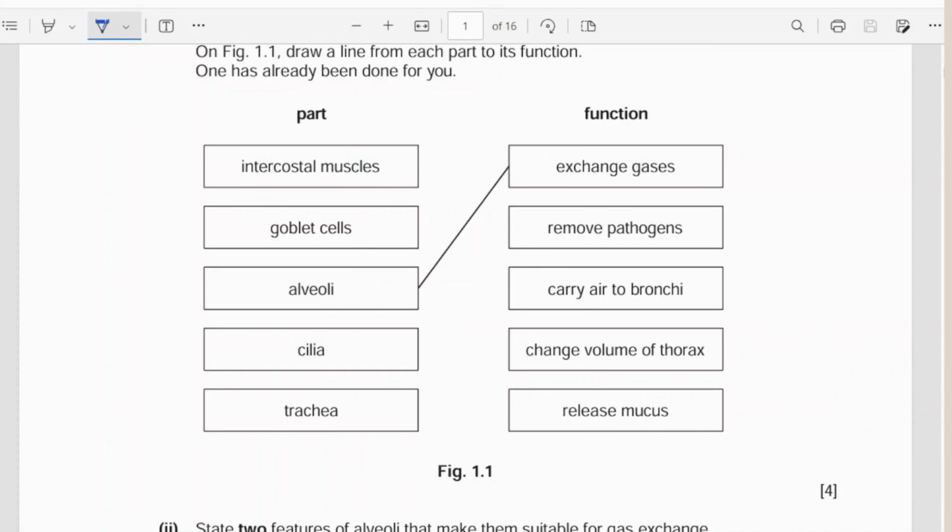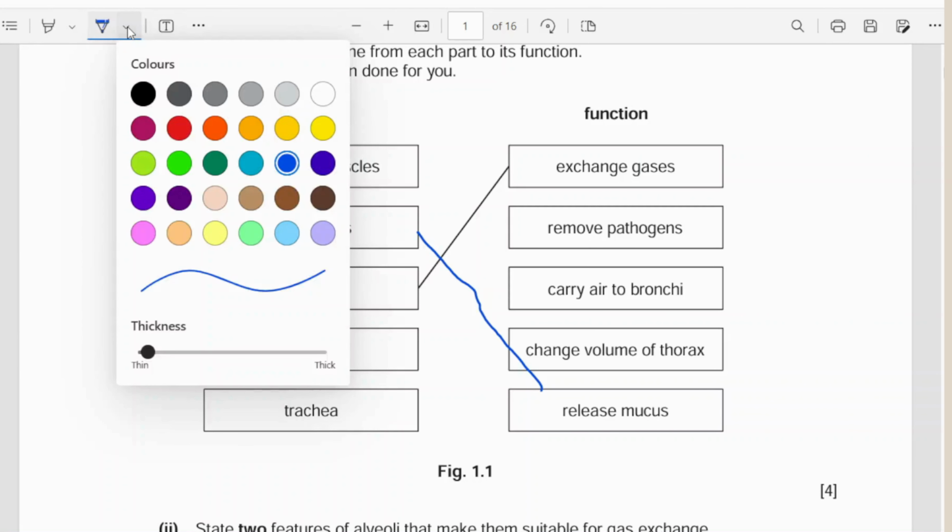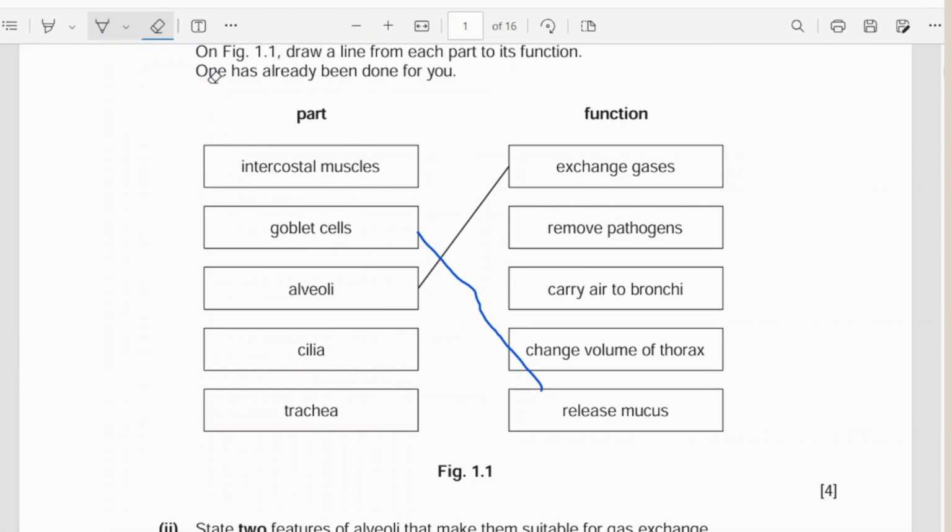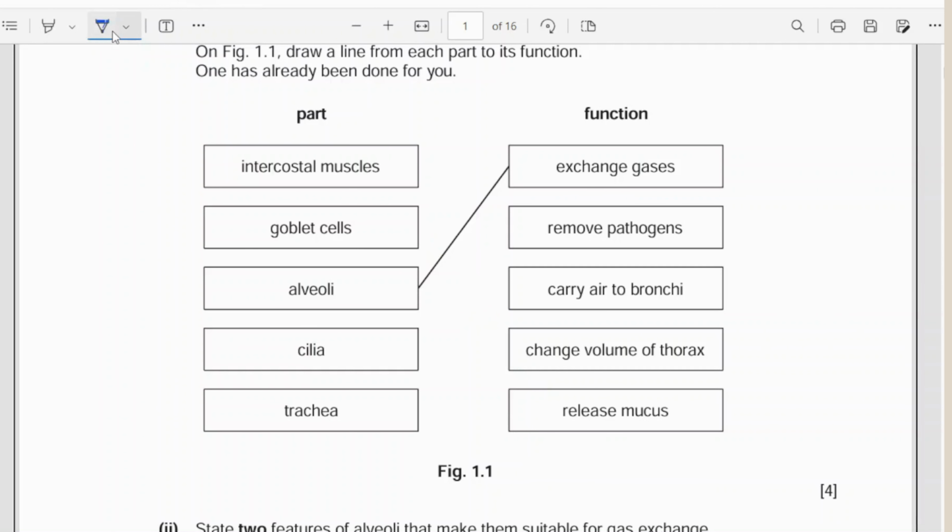Intercostal muscles change the volume of the thorax. Goblet cells... oh, my line is going somewhere else. Okay.